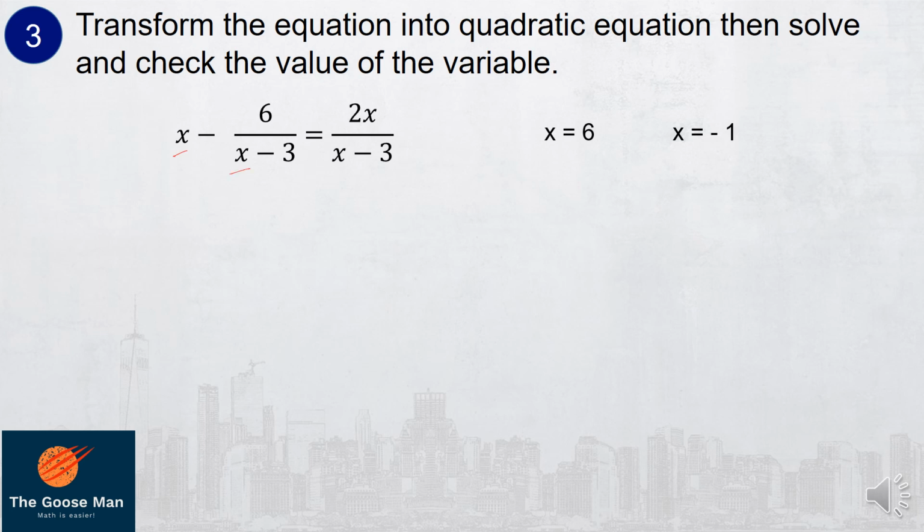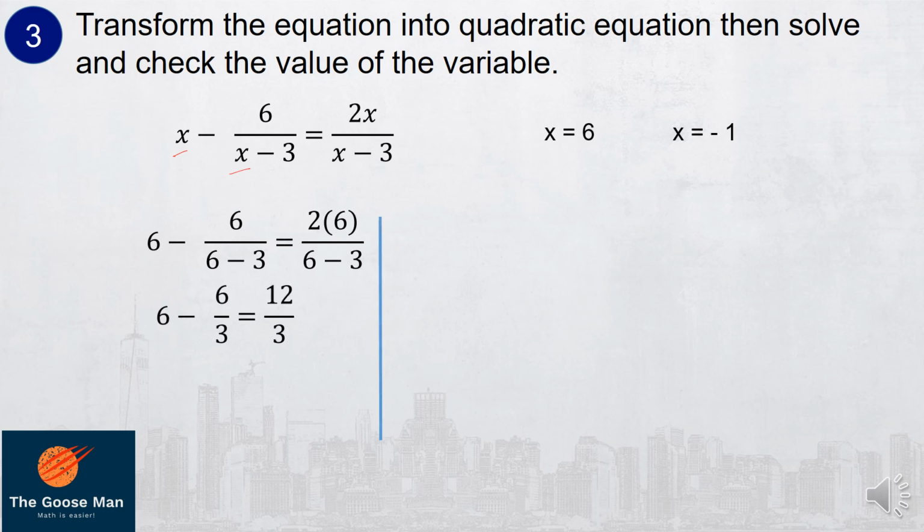Simplifying further, I have now (6 - 6)/3, is it equal to 12/3? By simplifying further, guys, 6 - 2, is it equal to 4? So both sides of the equation are actually the same. 4 is equal to 4. Therefore, x = 6 is correct.